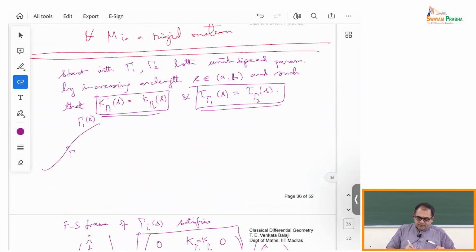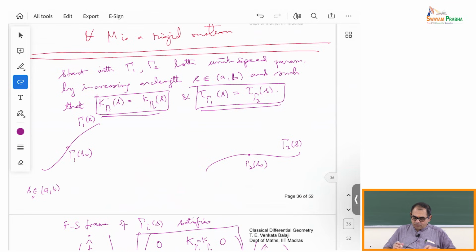So that is the reason what you do is you take a particular parameter value s naught in AB, and you have gamma 1 of s naught, and here you have this gamma 2 of s, and here you have gamma 2 of s naught. So first of all, you make the two curves intersect at one point.